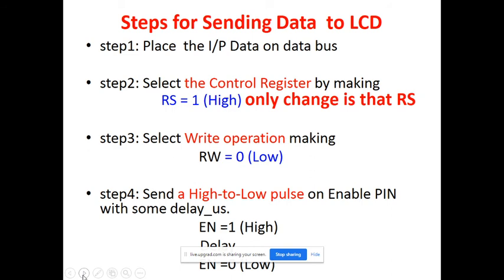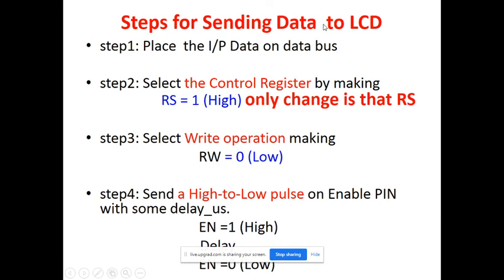Now the command subroutine is over. One more subroutine we are providing is the data subroutine. Different messages you are displaying on the screen, for example TE B division, or sometimes ENTC department on the first line and PCCOE on the second line. Whatever message you want to display, you can pass into the data register, and the information is coming on the data bus.